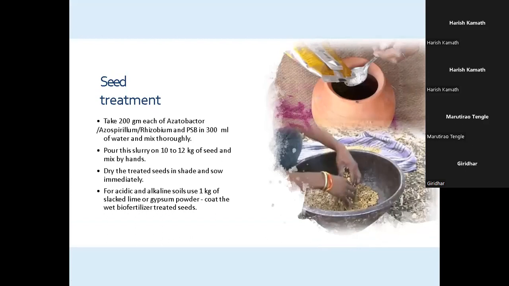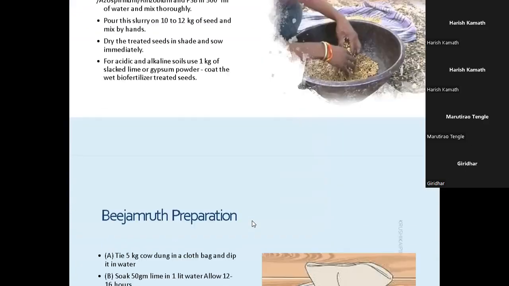Or if there is a liquid fertilizer, you can mix with the organic fertilizers. When you are applying some compost, you can mix some quantity, half liter like that, of biofertilizers, and just apply to the root or stem of the plant. They will spread over the soil and they will mobilize the nutrients.